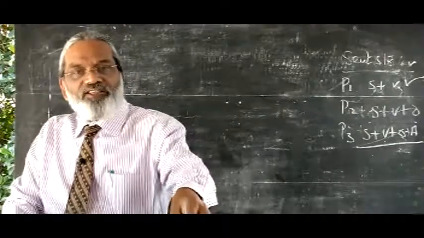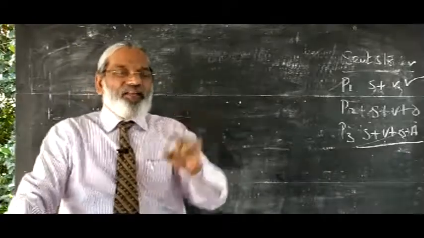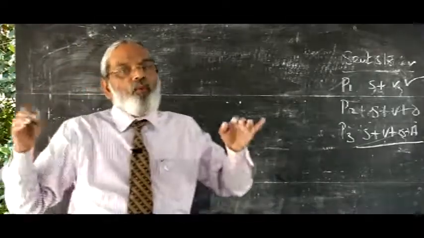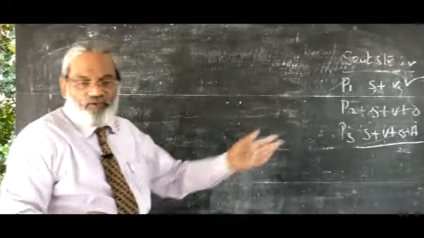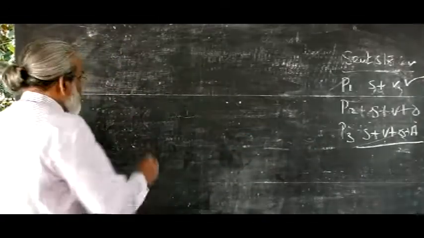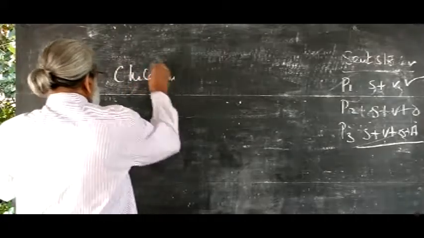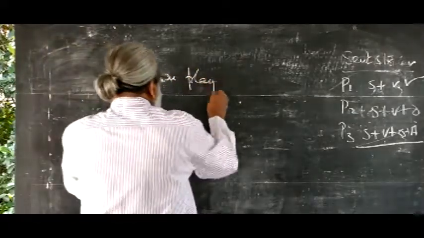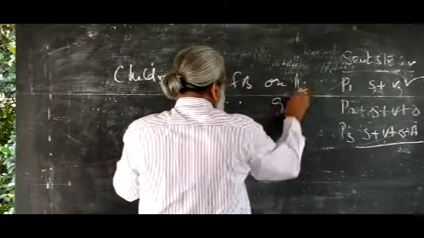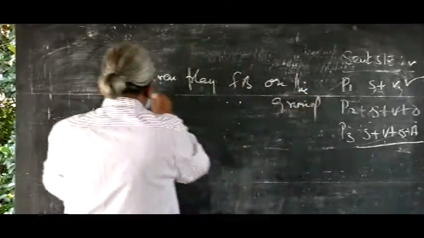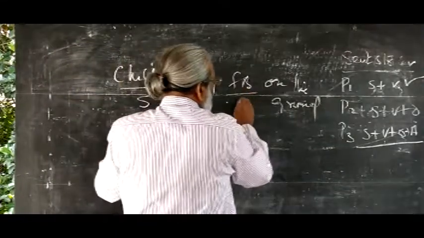So if a word in the sentence answers how, when, why, you refer to it as A after S plus V plus O. For example: the children play football on the ground. Here, the children is the subject, play is the verb, football is the object.